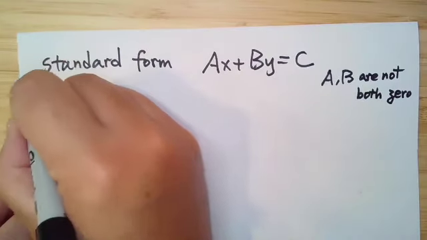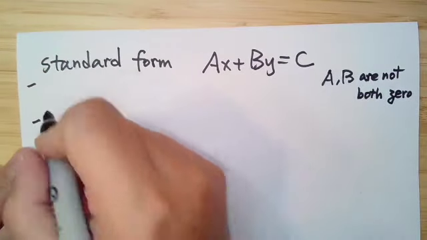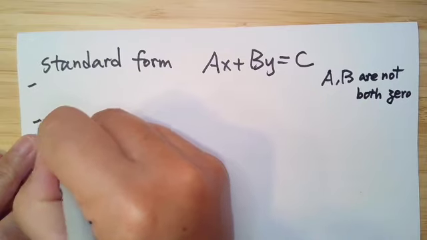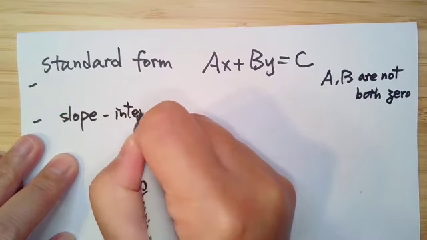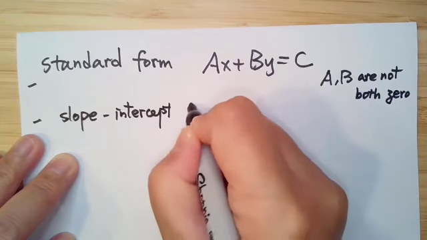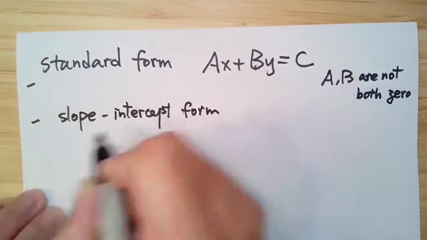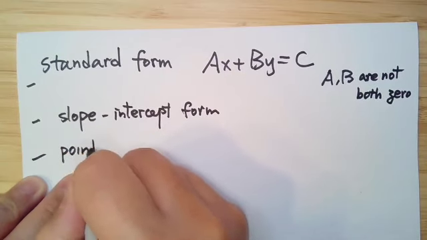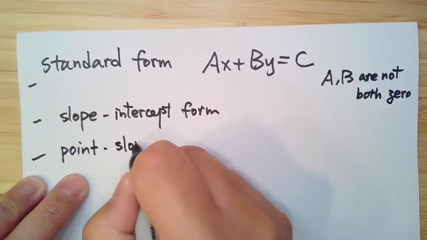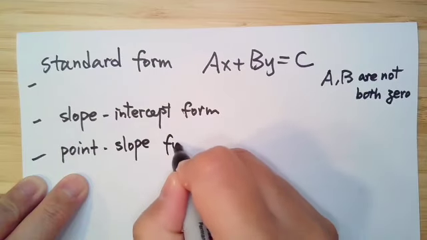Now I'm going to convert between the standard form to slope intercept form, and convert this within point slope form.